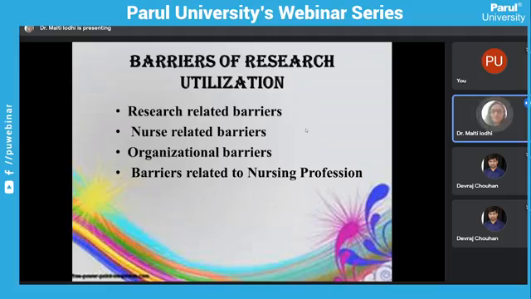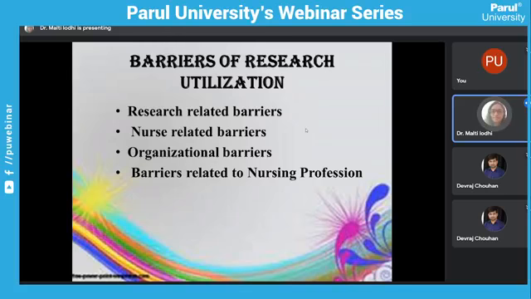So sometimes these can be barriers for nurses. Organizational barriers definitely mean a lot, because if the organization is not giving us opportunity, time or a way to do research, we cannot do the research. Sometimes some colleges and organizations must have a policy for doing research.